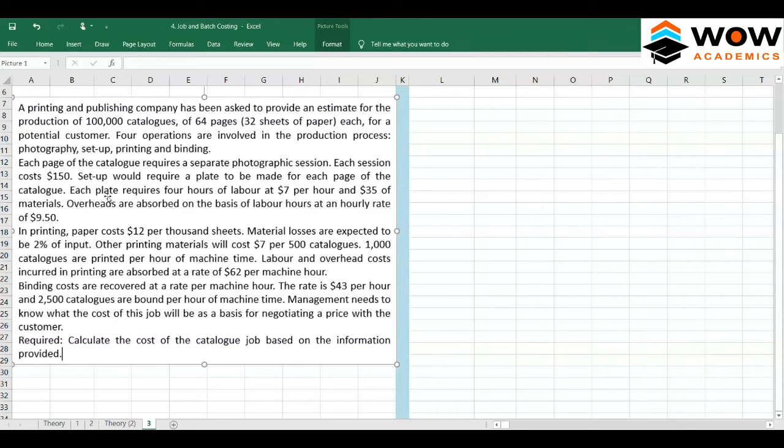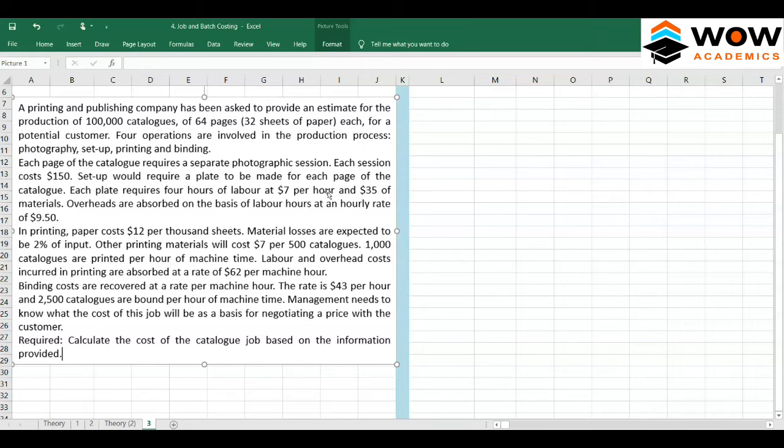Each session costs 150. Setup would require a plate to be made for each page. So again, how many pages? 64 pages of the catalog. Each plate requires 4 hours of labor at $7 per hour, and 35 of materials. Is this 35 of materials per plate? Yes, because it started with each plate requiring 4 hours and 35 of materials.